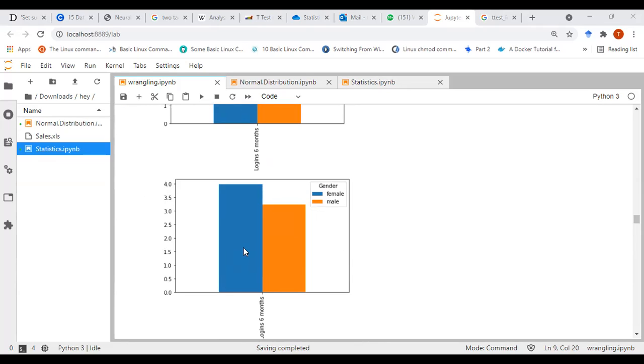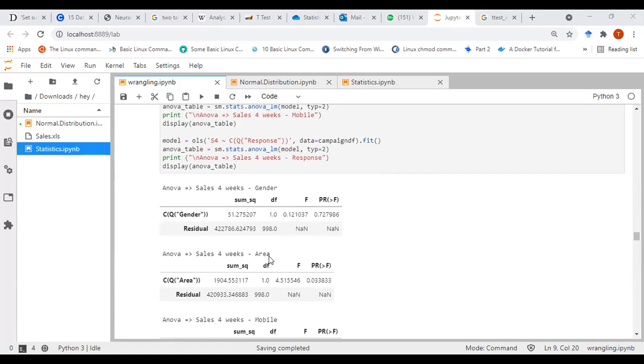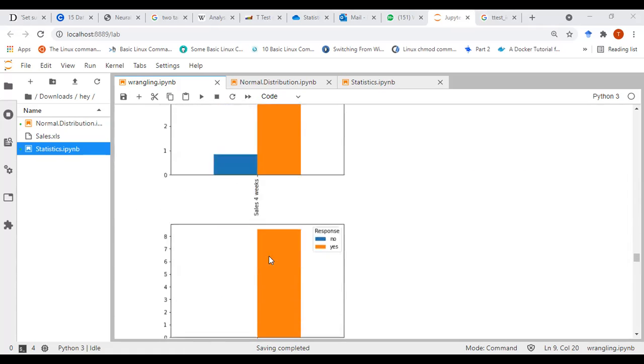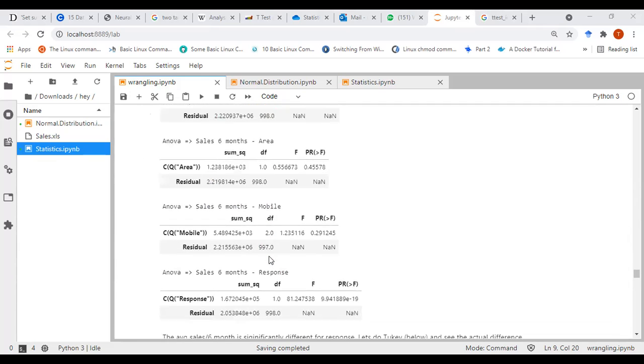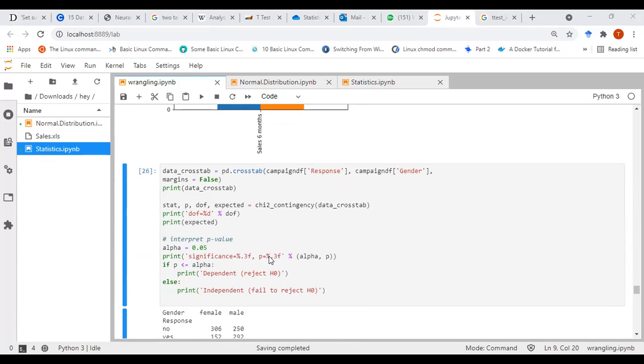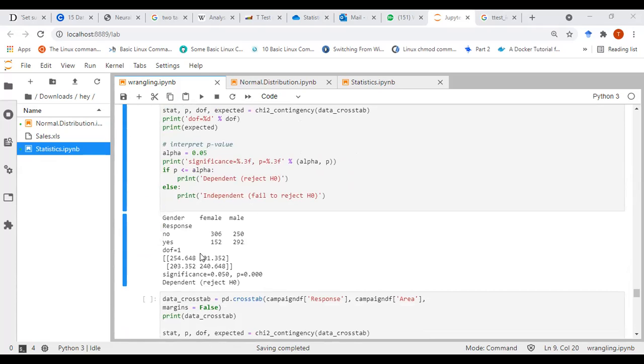But we also know that login 6 months is related to response. So we made an indirect conclusion that females are more likely to respond yes than males. But we can't make a conclusion unless we do the chi-square test. So for the chi-square test, this one we did.